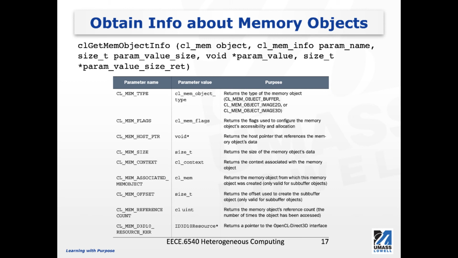For example, you can look at the memory flags to find out how this memory object was allocated. Also, you can use the host pointer to find out the host pointer that refers to the memory object's data. You can get its size, memory offset, reference count, and all other information.